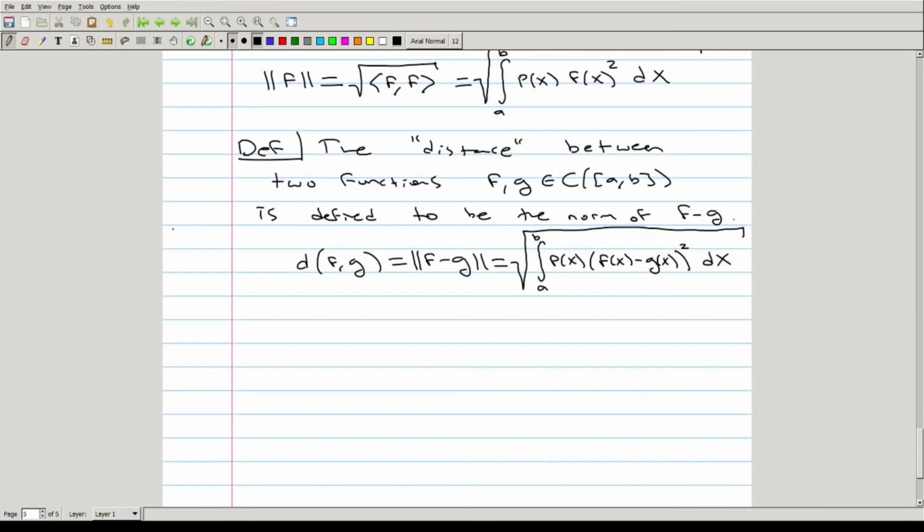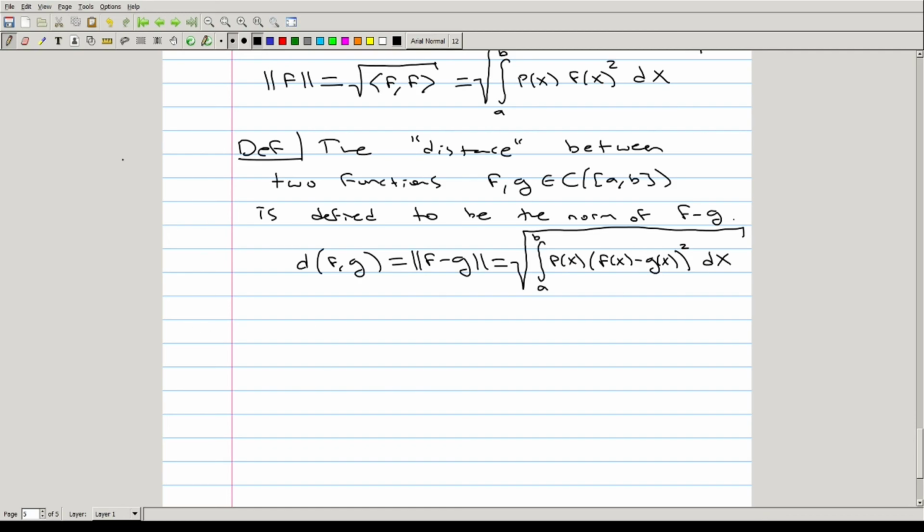And so this is also a very cool idea because it is a direct method of essentially giving us, in some sense, a way of defining the closeness of two functions or two vectors in an infinite dimensional vector space.